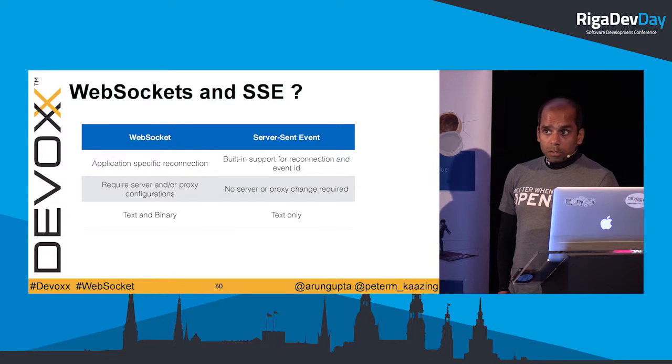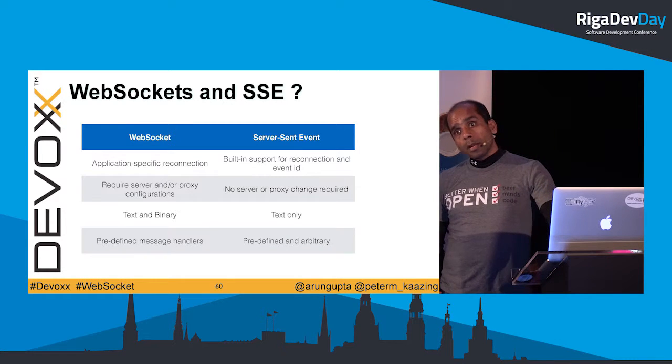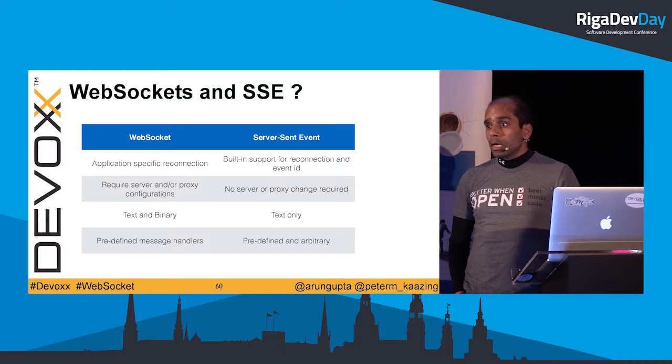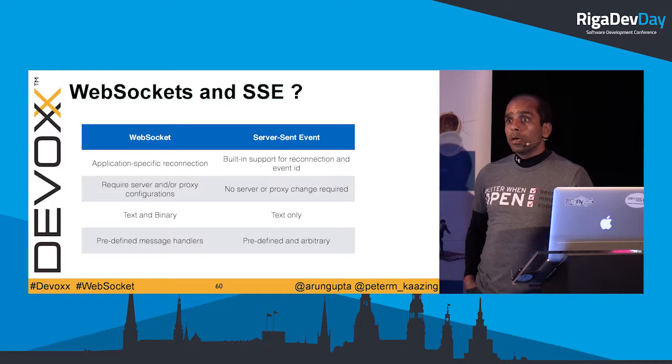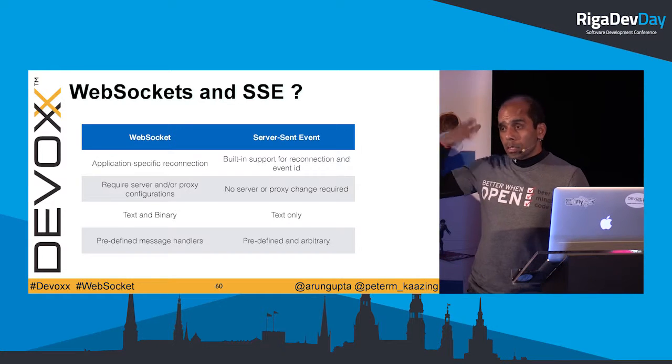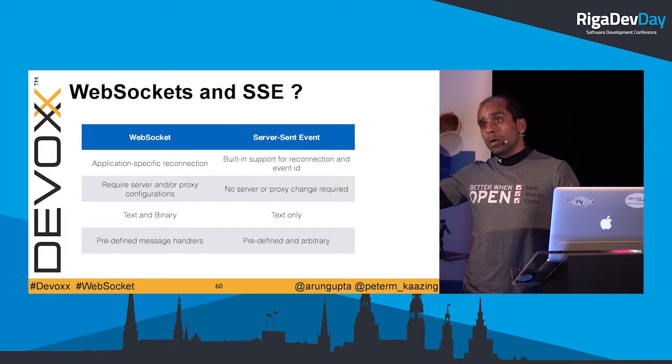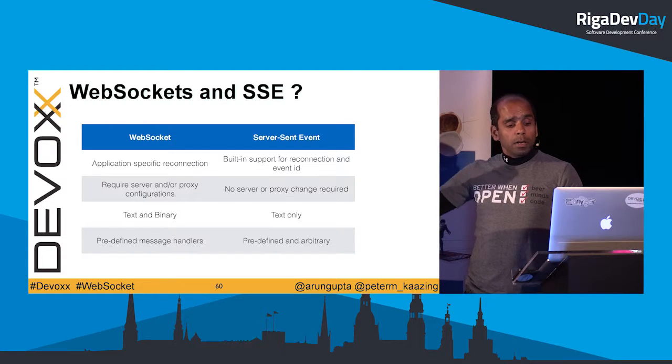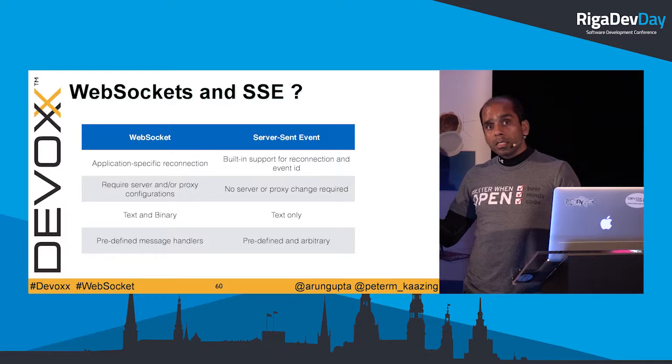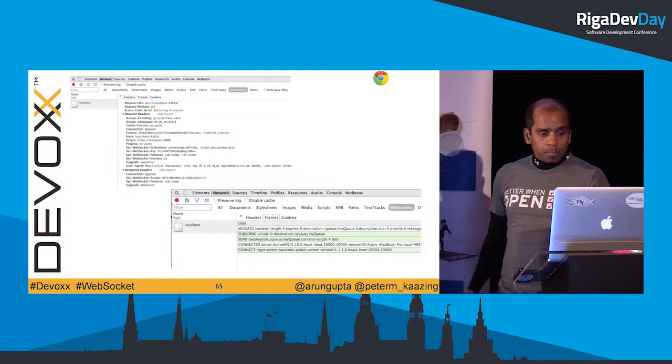Server sent event is text only, and we talked about how WebSocket is text and binary. In WebSocket, there are predefined message handlers: onopen, onerror, onclose. A subset of those exist in server sent event, with an onmessage callback handler, but you can define arbitrary custom handlers as well.